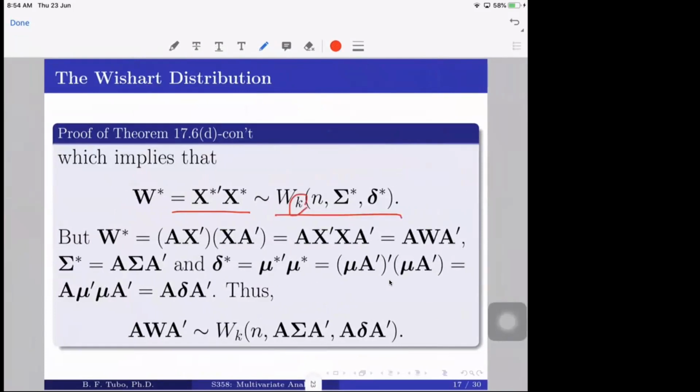Take note, you have to check the dimensions of your X now.